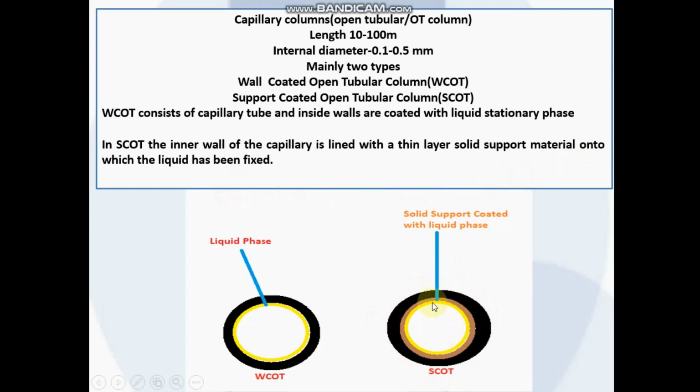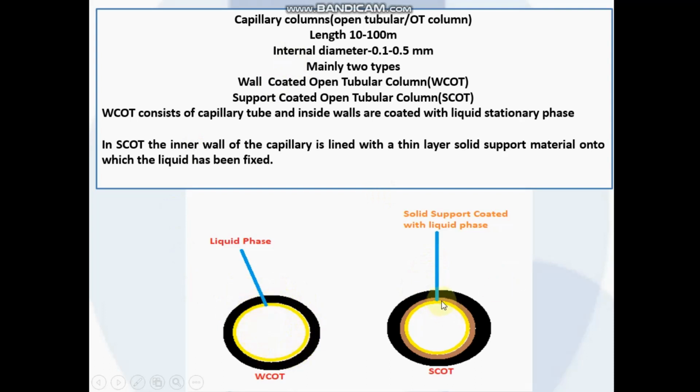Here you can see that the black ring represents the outer surface of the capillary column, and the brown ring inside the capillary column is a thin layer of solid support material onto which the thin film of liquid has been fixed. So this liquid behaves as a stationary phase. In the wall coated open tubular column, the inside walls of the capillary tube are coated with the liquid stationary phase.